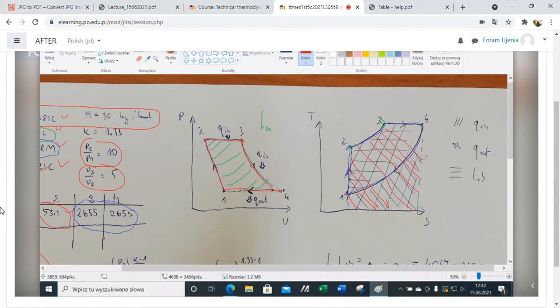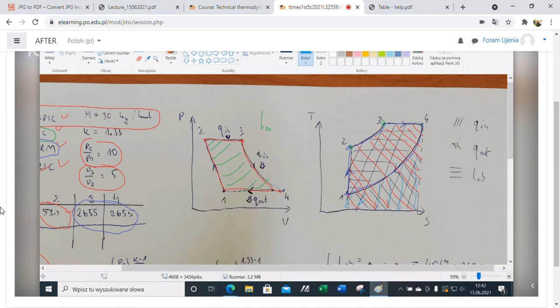So we do not always have the situation that the Q input is between 2 and 3 and 4. No, it could be between 2 transformations, 4 transformations, okay? And the same situation is with the Q output. Here it is very simple because Q output is between 1 and 4, okay?